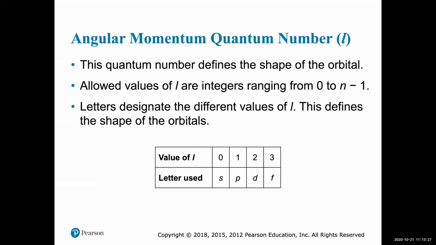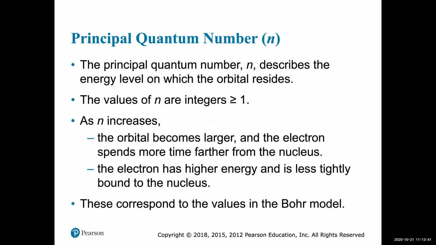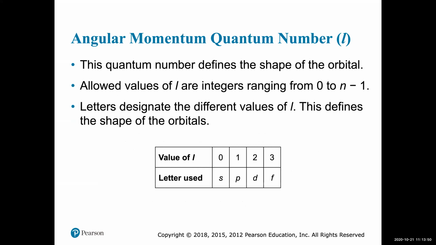The next quantum number is the angular momentum quantum number, designated as L. And this tells us what the shape of the orbital is. So the principal quantum number tells us basically how closely it's bound, and it describes the energy level.